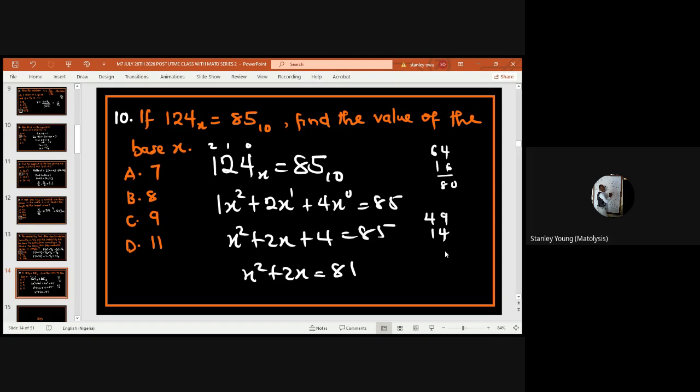That can never add up to 81. And again, 8 squared is 64, 8 times 2 is 16. That's just 80, not the answer. Then there is no way it could have been 9 in this case. 9 squared is 81, 9 times 2 is 18. So this is going to be 99. So the answer is not there.